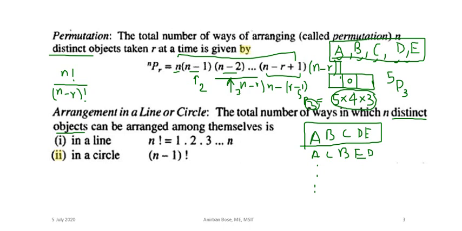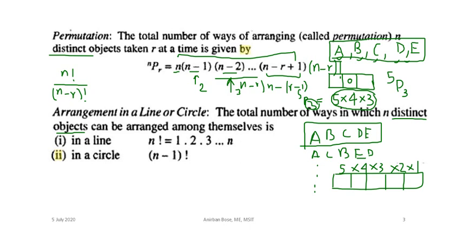This is very simple. Since you have to arrange all these 5 people, the first place can be filled by any one of the 5, the second by the remaining 4, the third by any one of the 3, then 2, and the last one is 1.